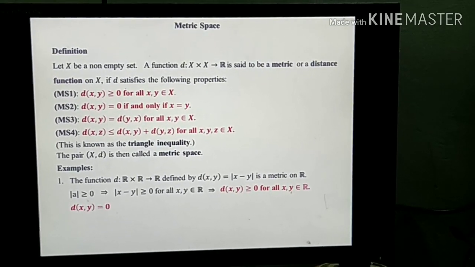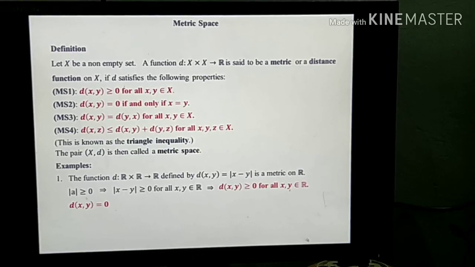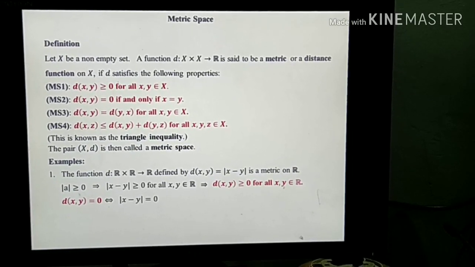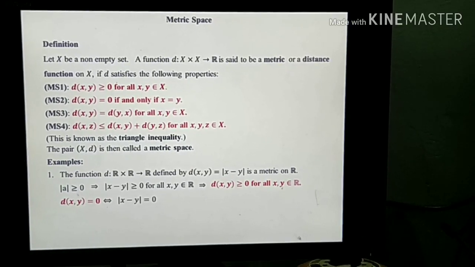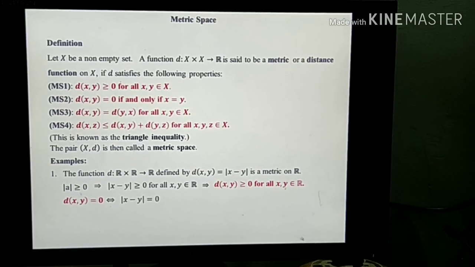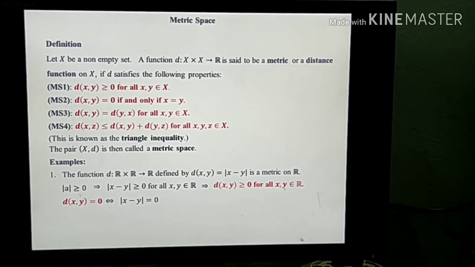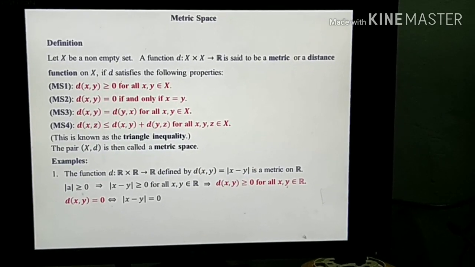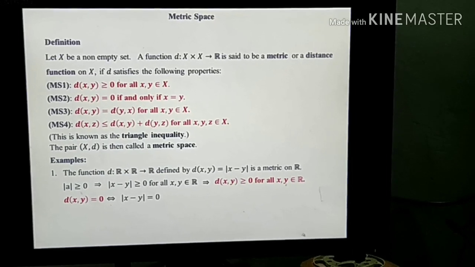Further, d(x,y) is equal to 0 if and only if mod x minus y is equal to 0. But we know that the absolute value of 0 is equal to 0, and that is the only real number whose absolute value is 0.